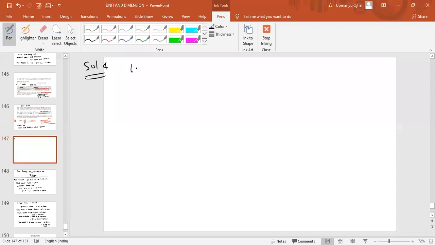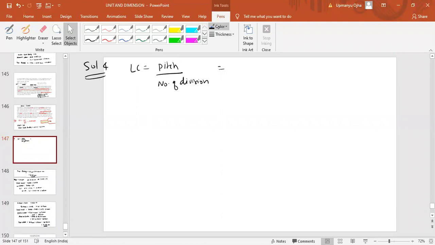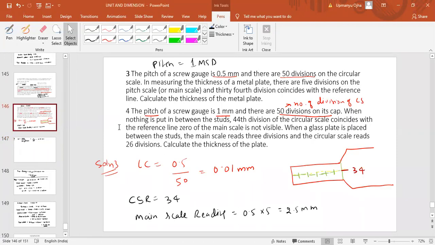Least count is equal to pitch by number of divisions. Pitch we have given as 1 millimeter. Number of divisions is 50. So what are we getting here? It should be 0.02 millimeter is the least count. Very good. So we got the least count from the first data.